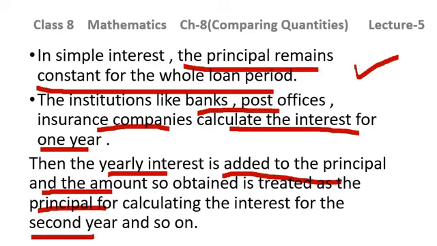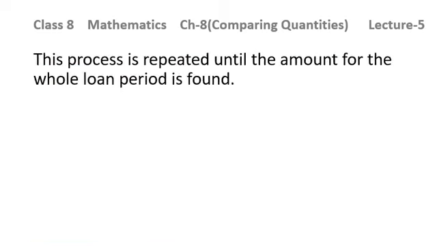They calculate the interest for 1 year, then the yearly interest is added to the principal, and the amount so obtained is treated as the principal for the next year and so on. This will be more clear with the help of an example. Let us see. This process is repeated until the whole loan period is over.